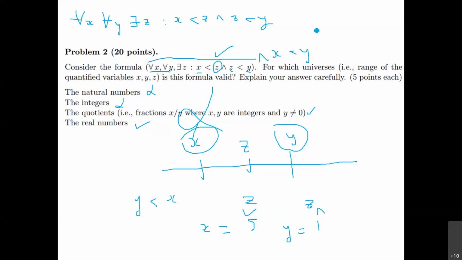That's all they said. They didn't say anything about x and y. So if you simply choose that y is always less than x, then this will never work. So that's the trick question here. And this was a previous, by the way, this came in one of your exams, previous years.